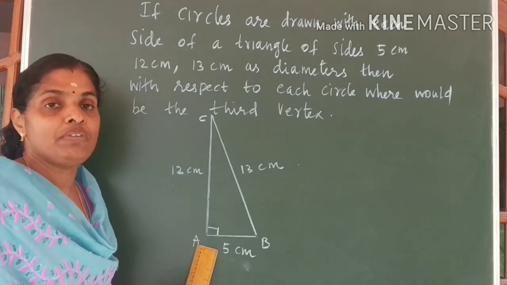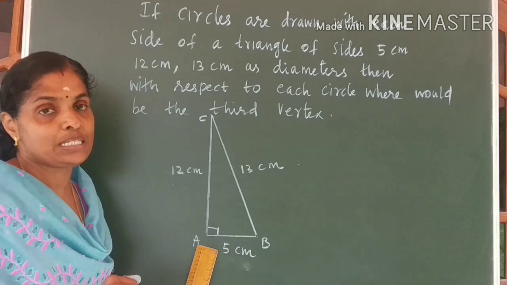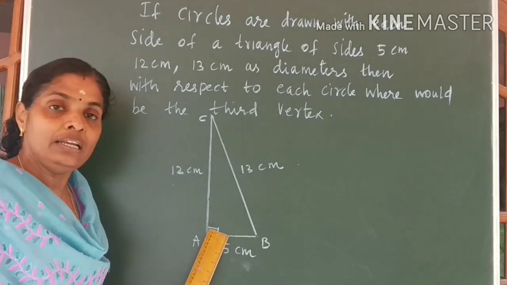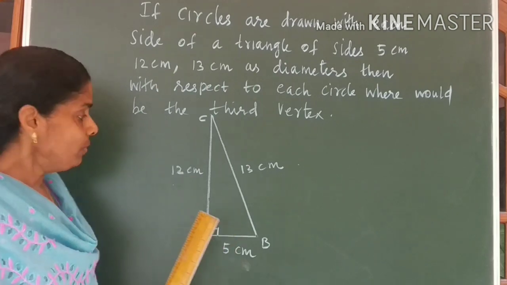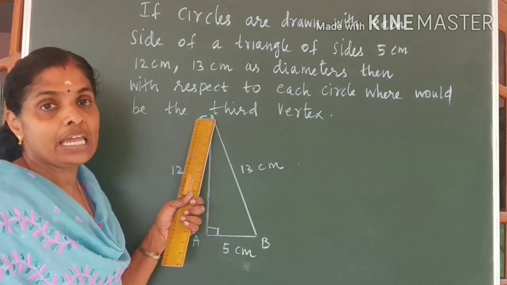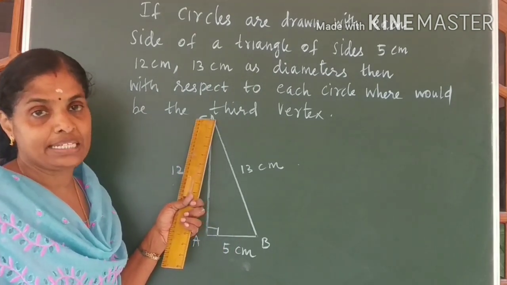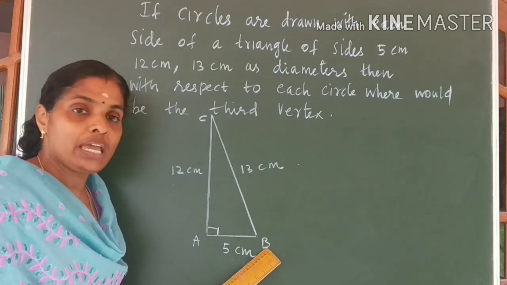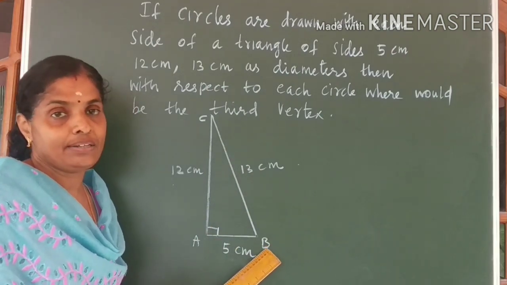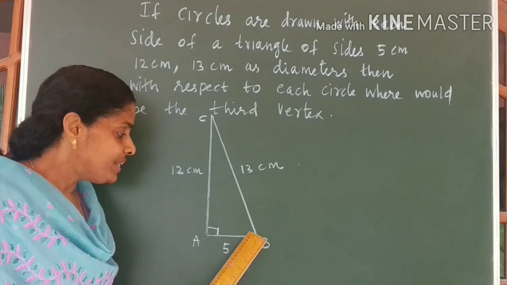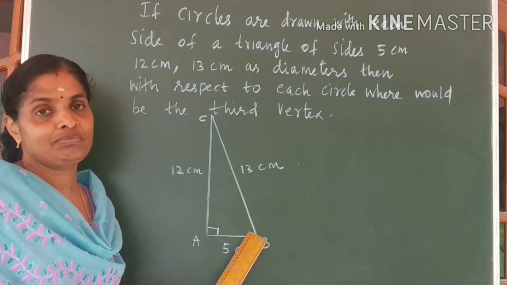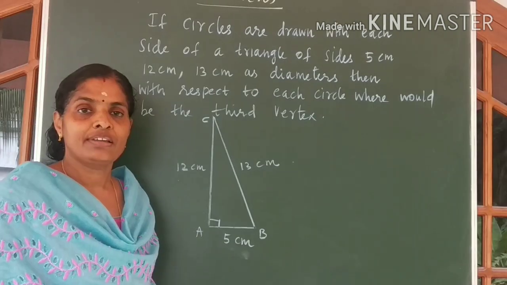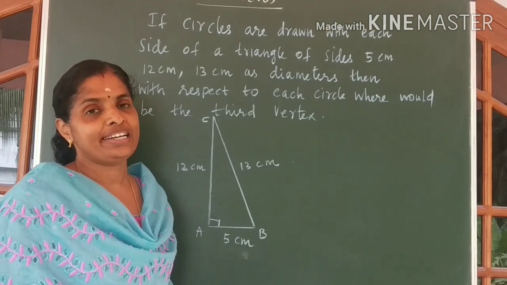No doubt it will be on the circle. It is because this angle is 90 degree. Clear? Now, if AC is taken as the diameter, then B will be outside. It is because this angle B is an acute angle. Is it clear, children? I am sure you got a clear idea.